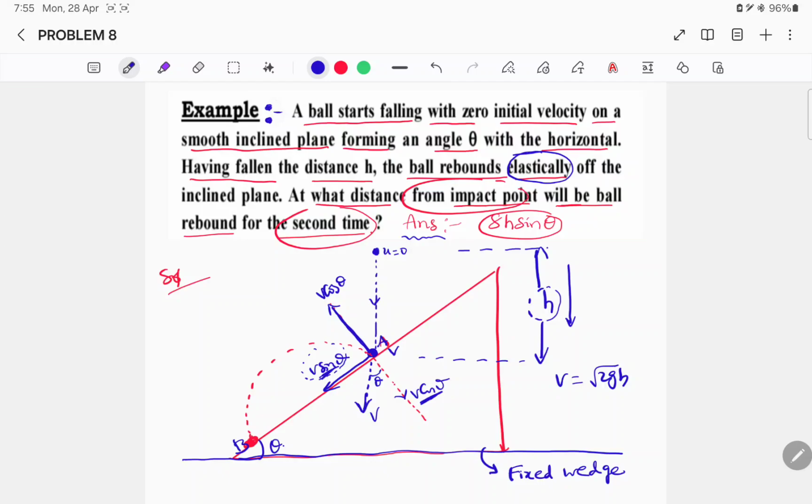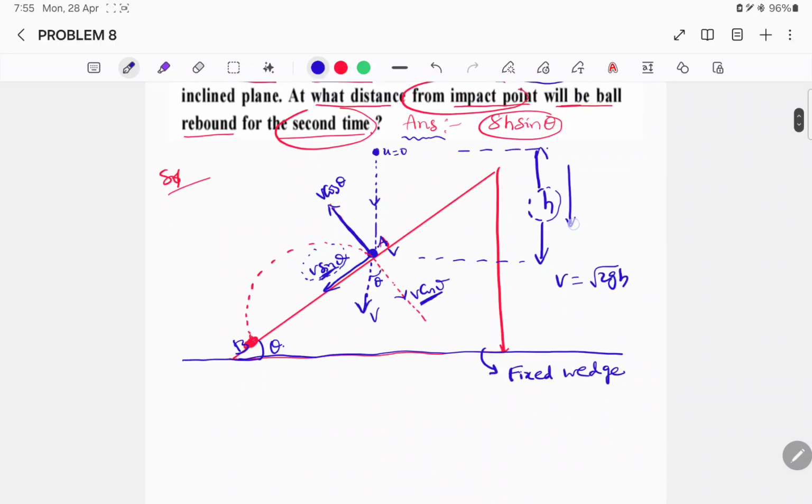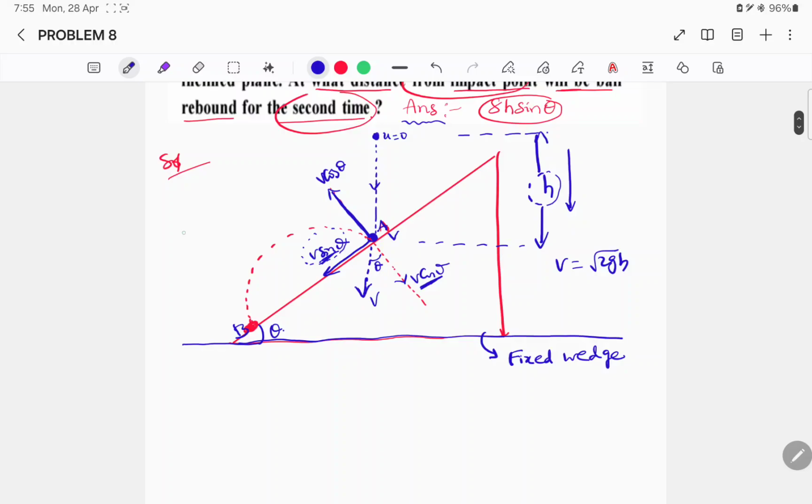It's a well-known concept of finding the range of a projectile on an inclined plane. To do this problem, let me create a useful Cartesian plane with x and y, the x-axis parallel to the inclined plane. I'm taking the analysis with respect to this plane.